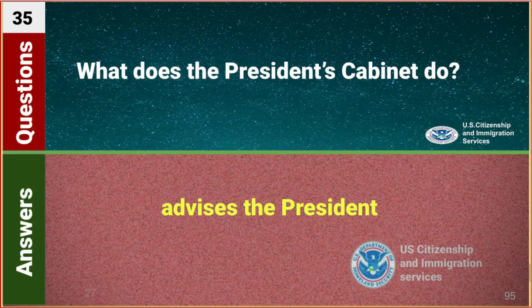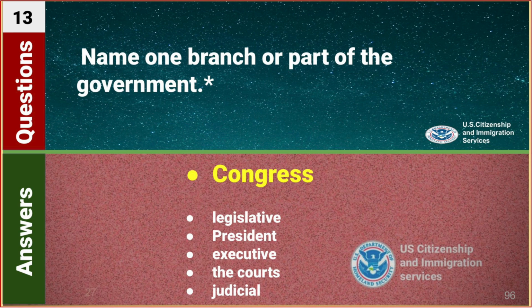What does the President's Cabinet do? Advises the President. Name one branch or part of the government. Congress.